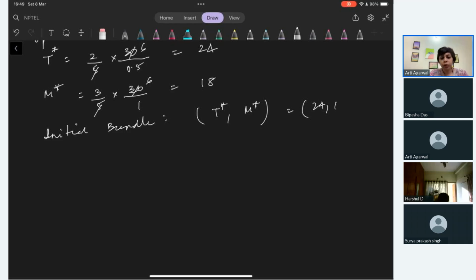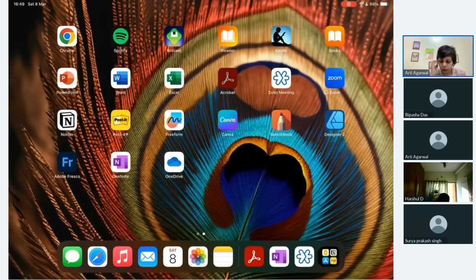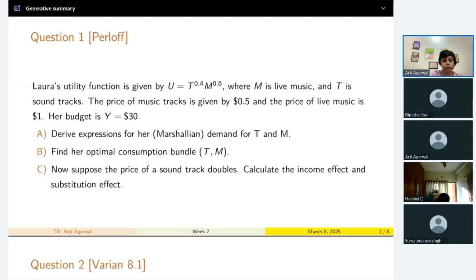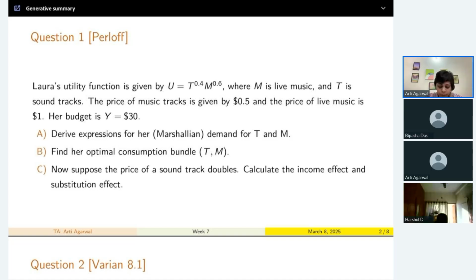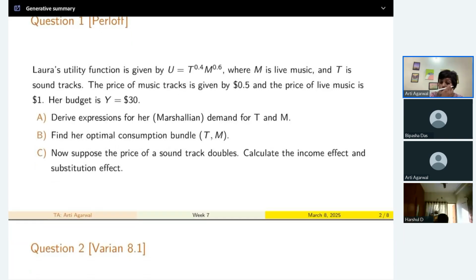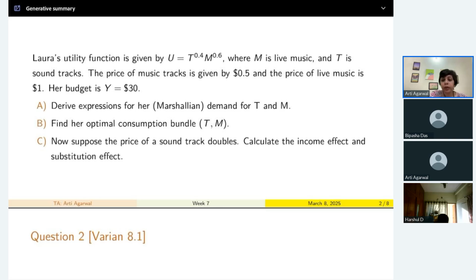Okay, so now let's go back to the question. We've done part A and part B, where we derived the expressions for the Marshallian demand and the optimal consumption bundle. Now we need to find out what happens if the price of soundtracks doubles.